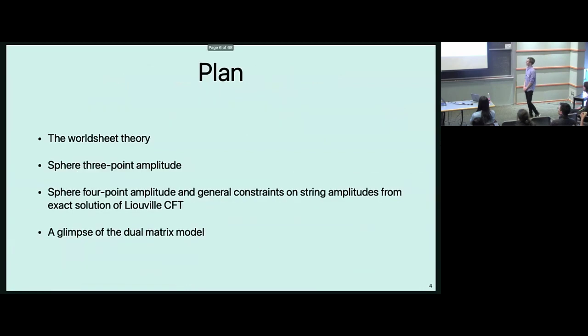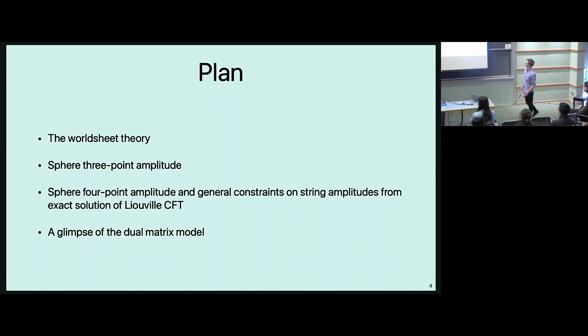Okay, so that's the roadmap. So I'll start by discussing the worldsheet theory and its relation to a particular theory of 2D dilaton gravity. I will then move on to discuss some observables in the theory. And so I'll start by discussing the sphere 3-point amplitude, which is in some sense the simplest observable in the theory.